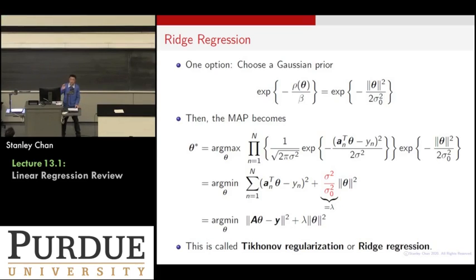Okay, so now we have linked two things, right? The linear regression that we have learned a long time ago, and also the maximum likelihood estimation, and also the maximum-a-posteriori estimation. And it's actually doing exactly the same thing. The only difference is the underlying model versus the model that you choose to estimate the parameter.